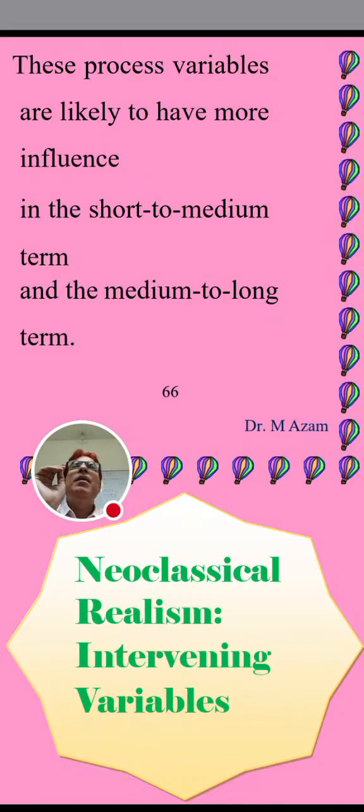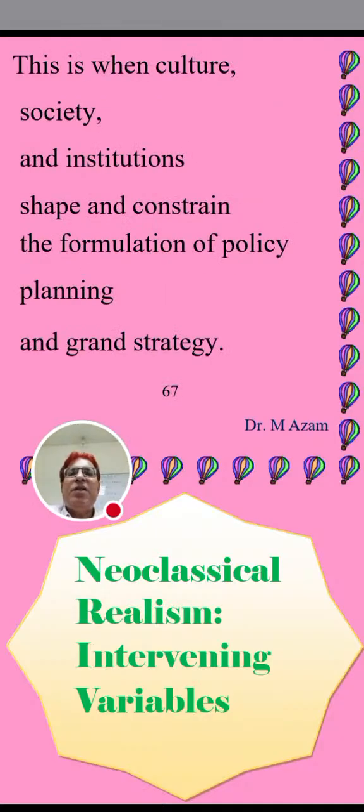While in a crisis, in the short term, top leaders have more influence. This is when culture, society, and institutions shape and constrain the formulation of policy planning and strategy. In normal situations, these other sets of variables are more influential in foreign policy making.